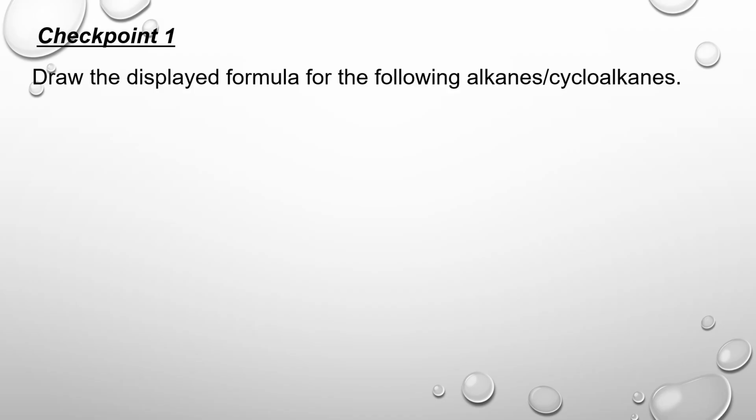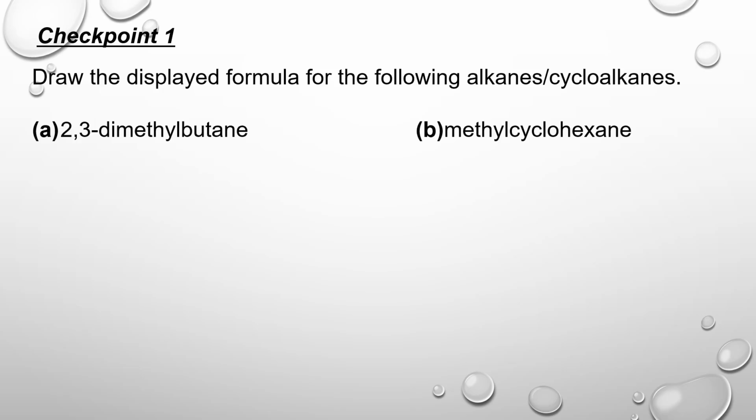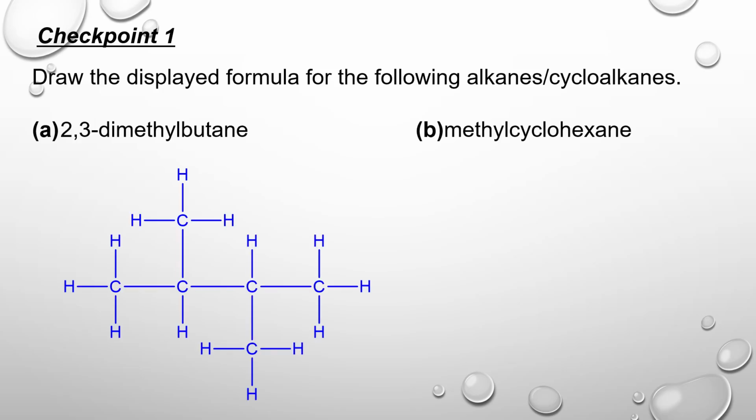Okay, welcome back. Hope you have drawn your structure. So let's look at the first one. The first one is 2,3-dimethylbutane. So if I look at it this way, butane, I look at the longest unbranched chain. So the longest unbranched chain in this case is the butane.